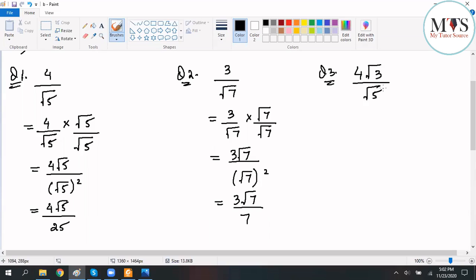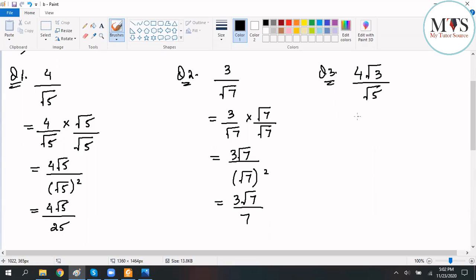Now let's say they added 4 root 3 over root 5. What will we do in this case? Any idea? Times it by the opposite, maybe. Which opposite?